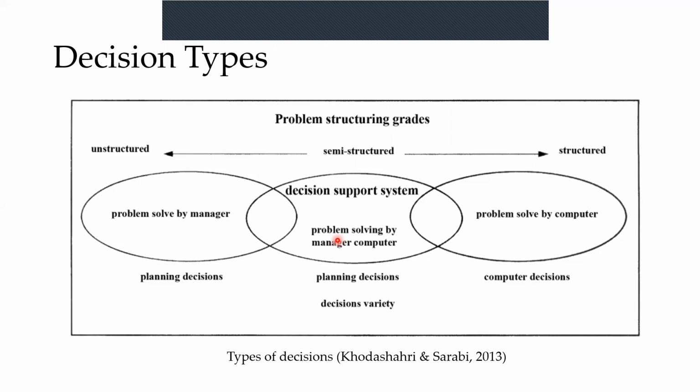But ultimately, you are the one to make the decision of what you will wear. But there's a small risk that the weather forecast will not come true because it's a forecast. So that's an example of a semi-structured decision wherein we used a DSS, which is the weather forecast, to make our decision.